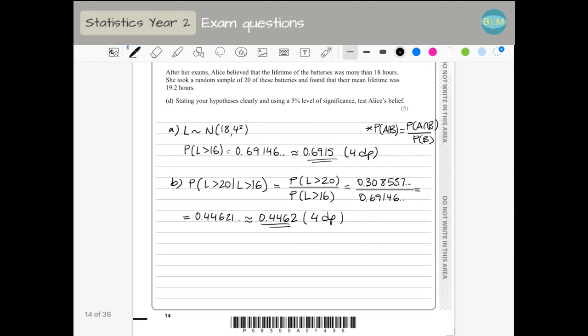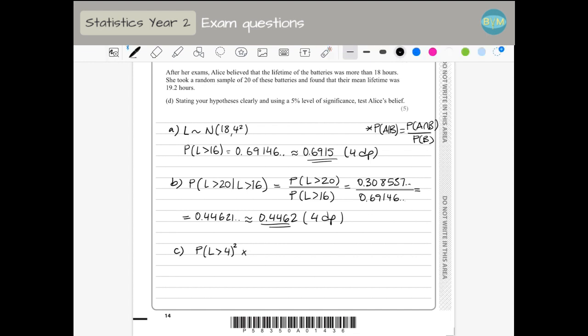So we have 2 batteries that are new. We need the probability of those batteries lasting more than 4 hours because they are new. And I have 2 of those, so I'm going to multiply them together, or square this one, because I have 4 batteries. I want the probability of the first one lasting more than 4 hours and another lasting more than 4 hours, so I'm multiplying the probabilities.